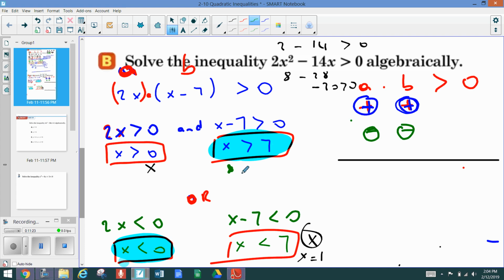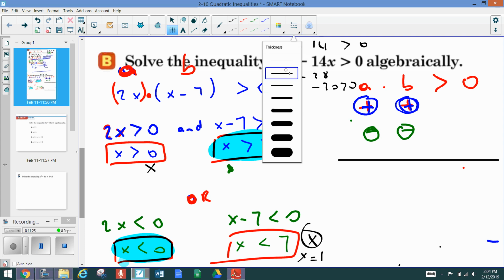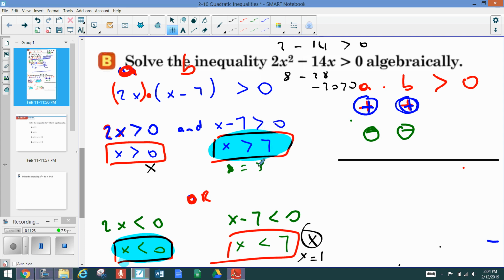Let's say x is equal to 8. Over here, 8 squared is equal to 64. 64 times 2, 128 minus 8. Right? It's going to be a positive number.